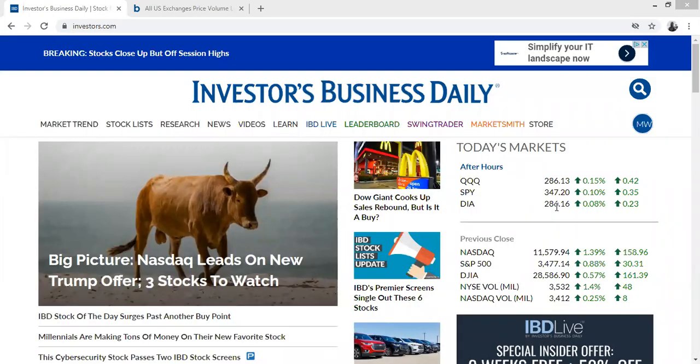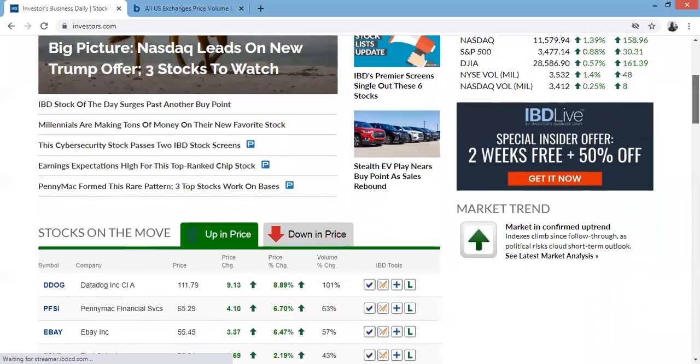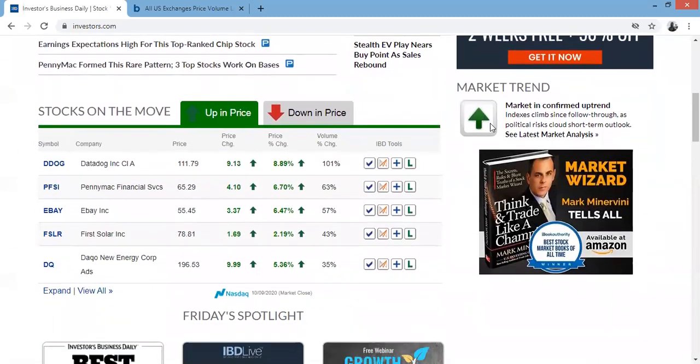Another place that you can use is Investors Business Daily. Now, I have a membership with them, but before I started paying for a membership, I was using this site to watch the stocks on the move. These stocks are usually the stocks that they screen through that have good earnings and a high percentage of volume change.